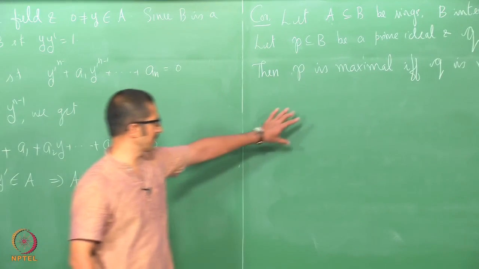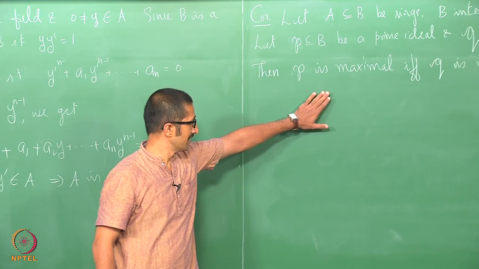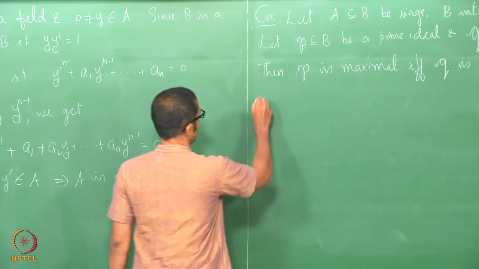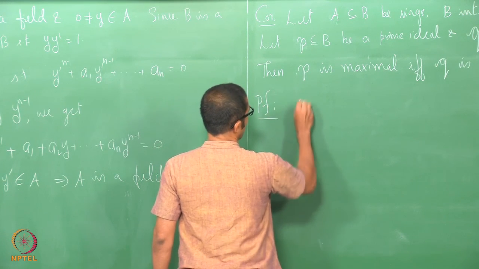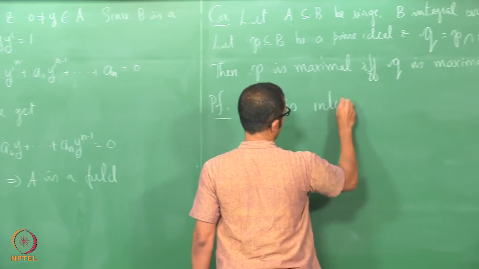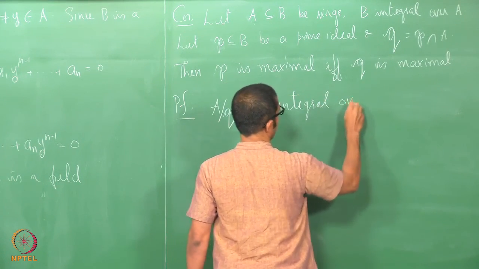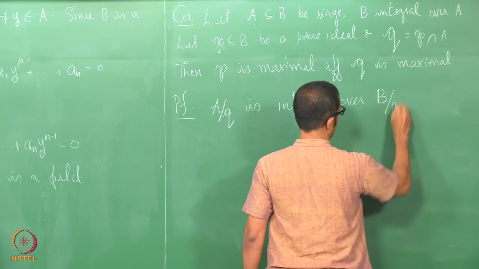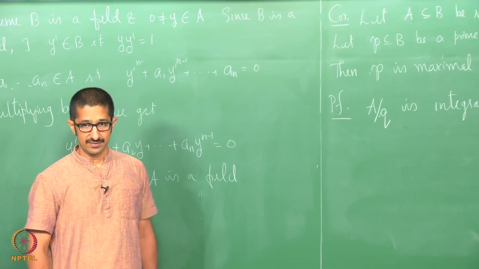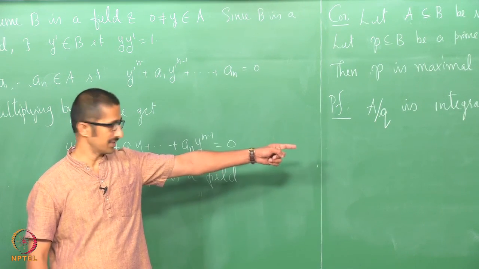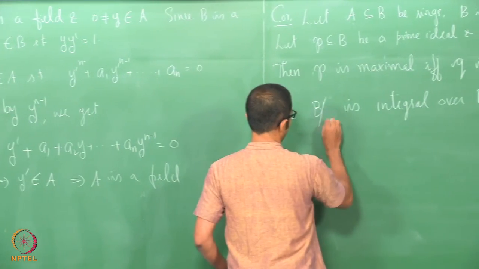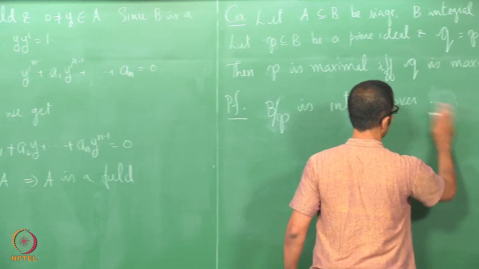This is a direct application of the result that we proved earlier, and this one, right, because A mod Q is contained in B mod P, and B mod P is integral over A mod Q. That is what we proved just before, right.